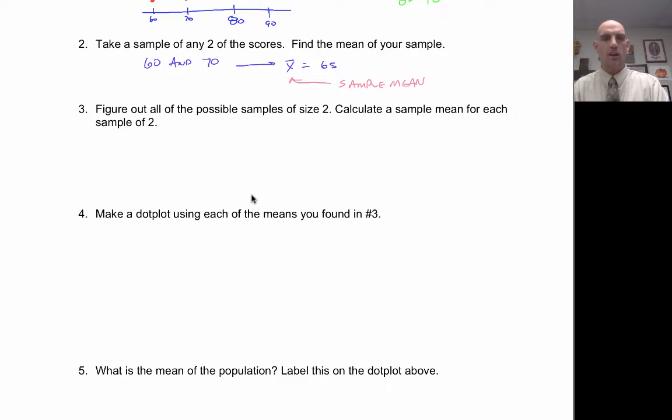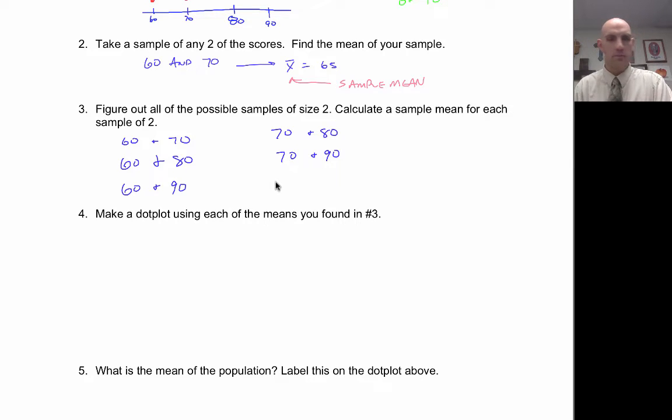Okay, so figure out all the possible samples of size 2. We could do 60 and 70, 60 and 80, 60 and 90, 70 and 80, 70 and 90, and 80 and 90. If we figure out the mean for each of these, and you can see why we picked these, I picked a very simple example so we can easily find these and compare.